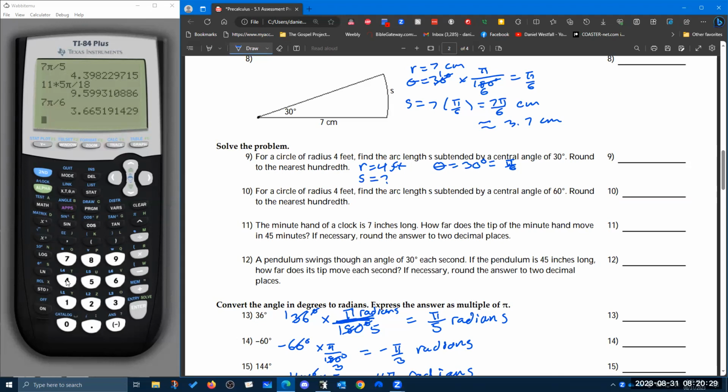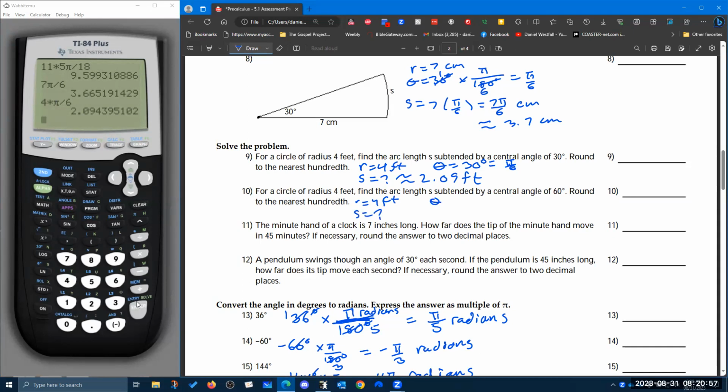So 4 times pi over 6 is going to give us an arc length that is 2.09 feet.